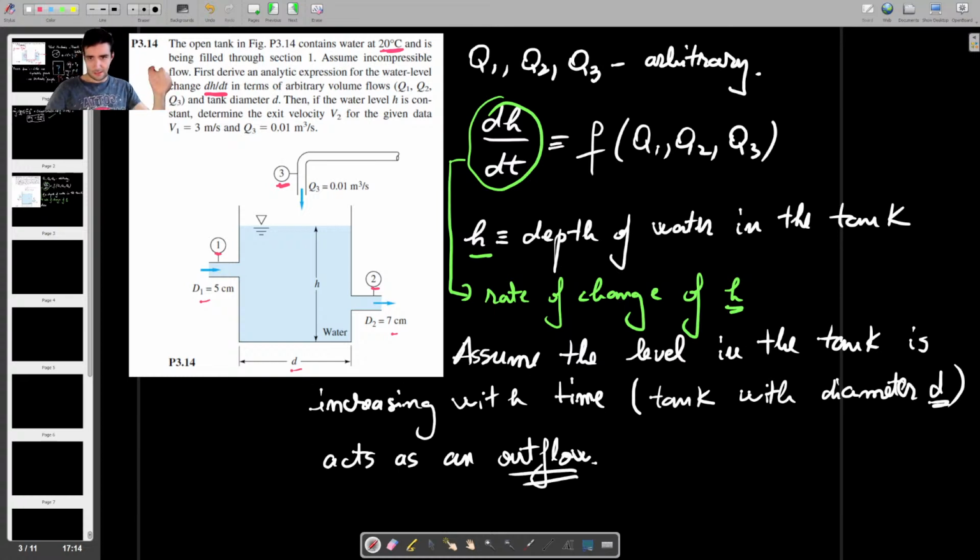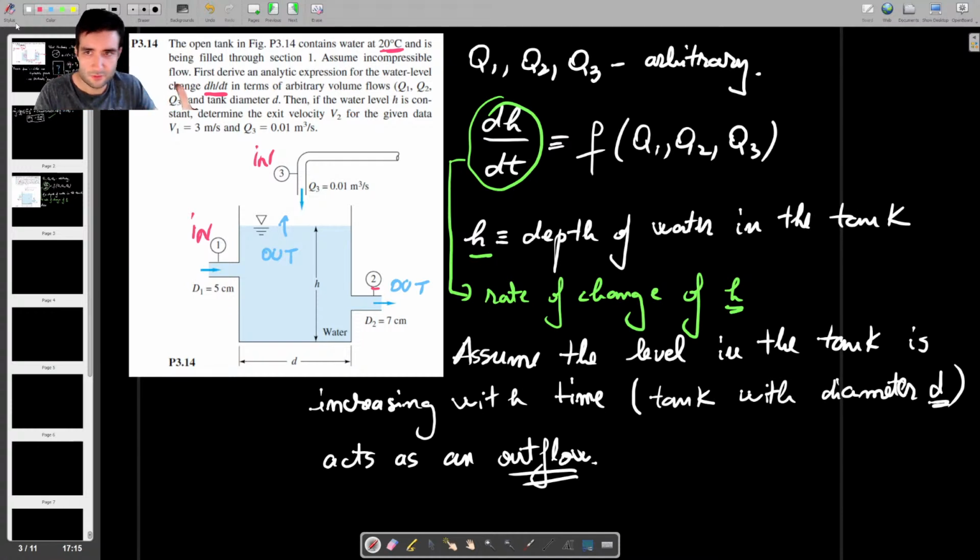Okay, so in this case, I have two inflows and two outflows. This is in, this is also in, this one is out, and the water in the tank increases, so this acts as an out as well. So I have two going in and two going out.